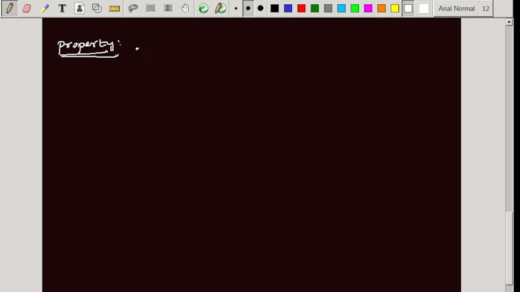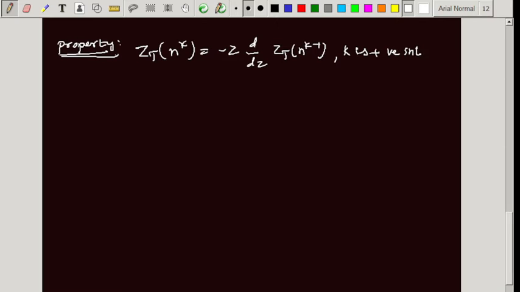Property: the Z transform of n power k equals minus z into the differentiation of the Z transform of n power k minus 1 with respect to z, where k is a positive integer. To prove this, we consider the right hand side.